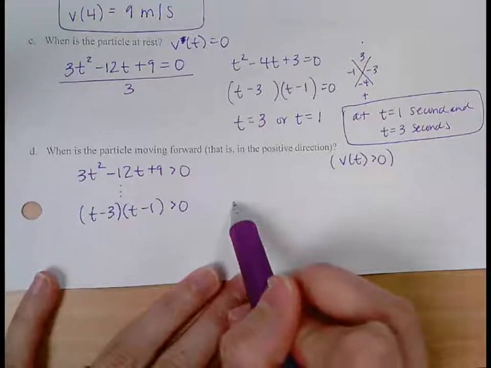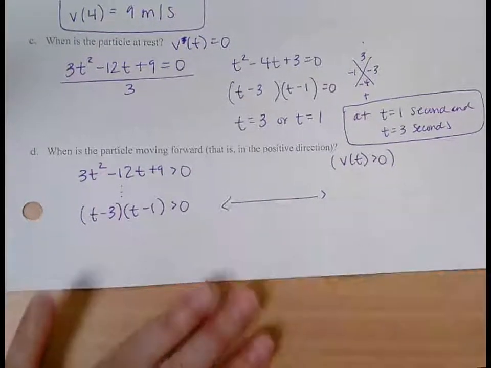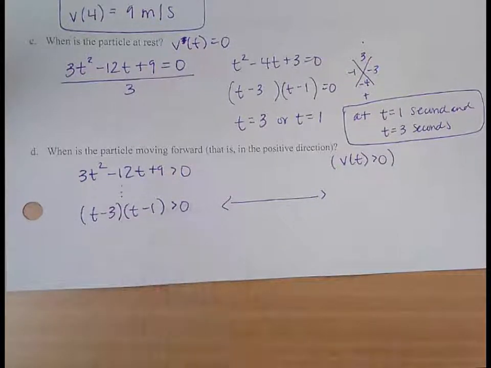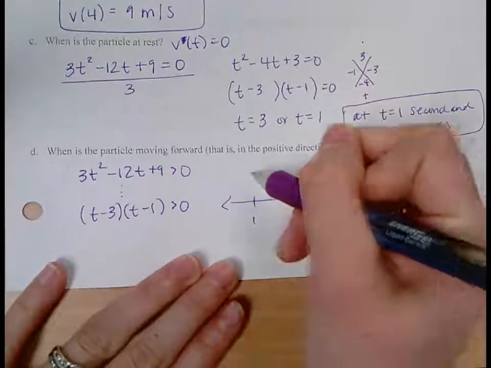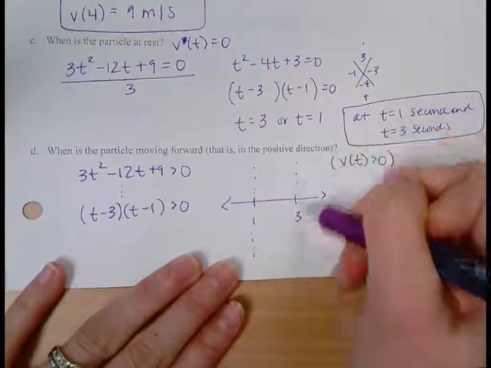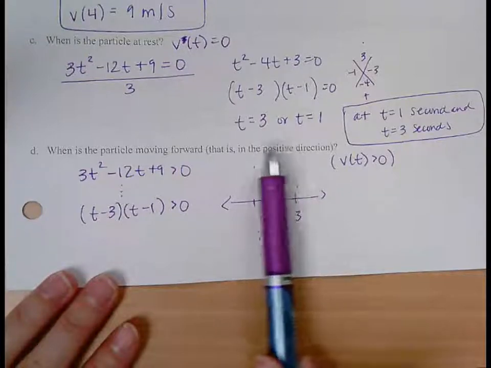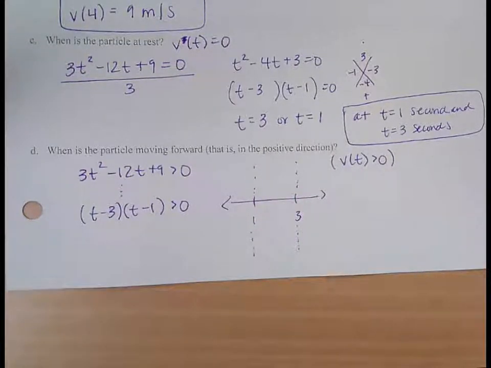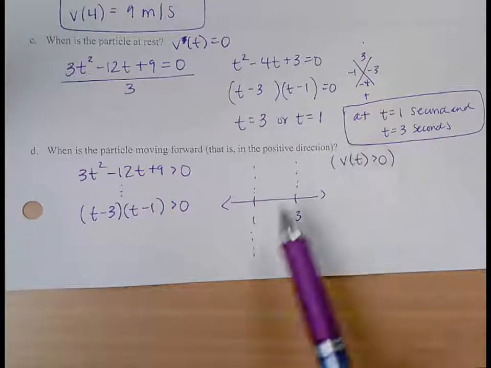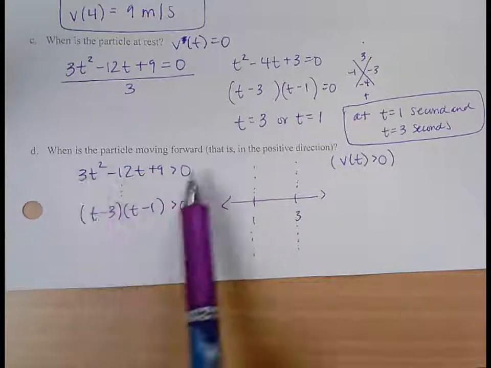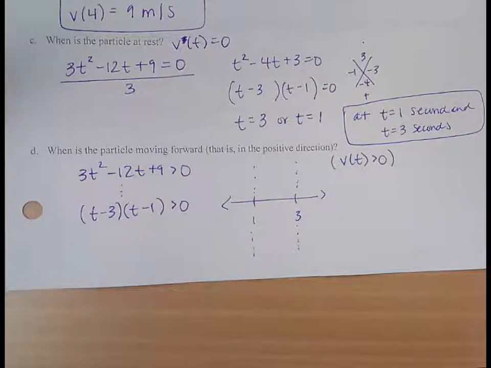So what you can do is set up a number line, if you want to think of it that way, and you put the zeros of the equation on the number line, so the 1 and the 3, and that divides this into 3 intervals. So you have the interval t is less than 1, the interval where t is between 1 and 3, and the interval where t is greater than 3. And you substitute values from each interval into your inequality to see what values of t make your inequality true.